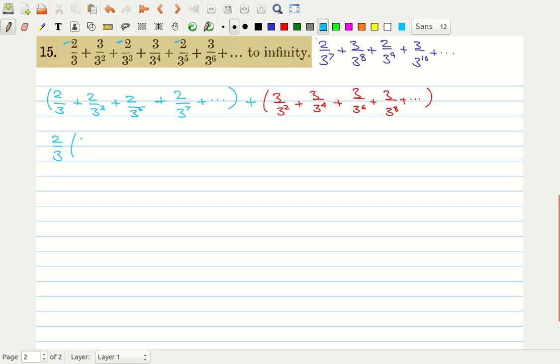So this becomes 1 plus 1/3², right, because this is 2/3³, plus 1/3⁴ plus 1/3⁶.